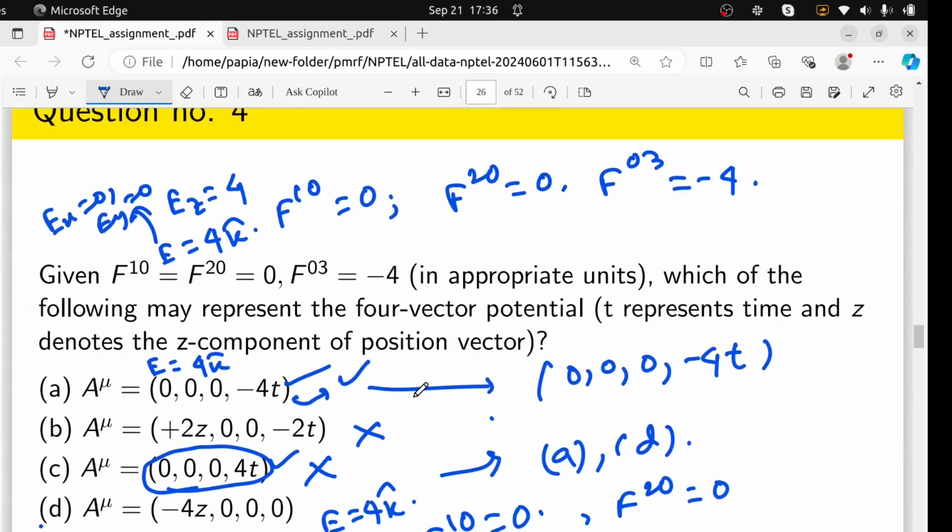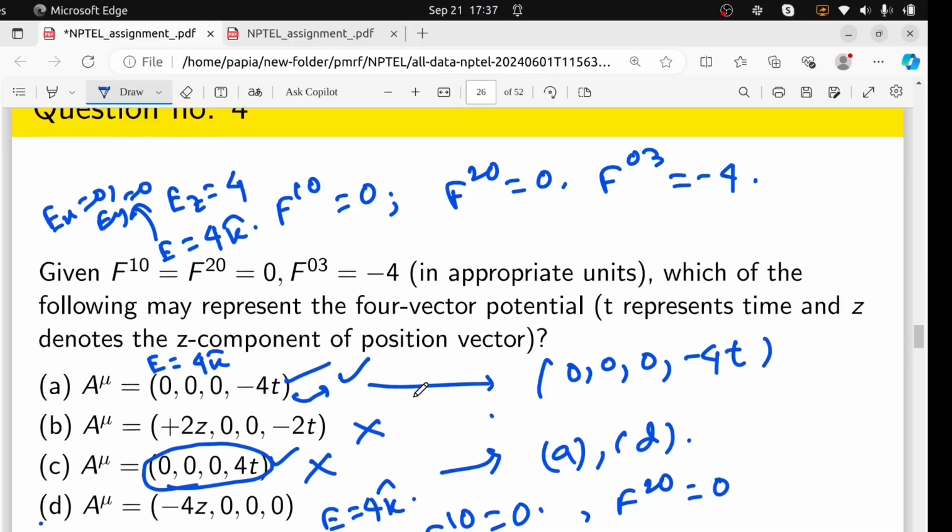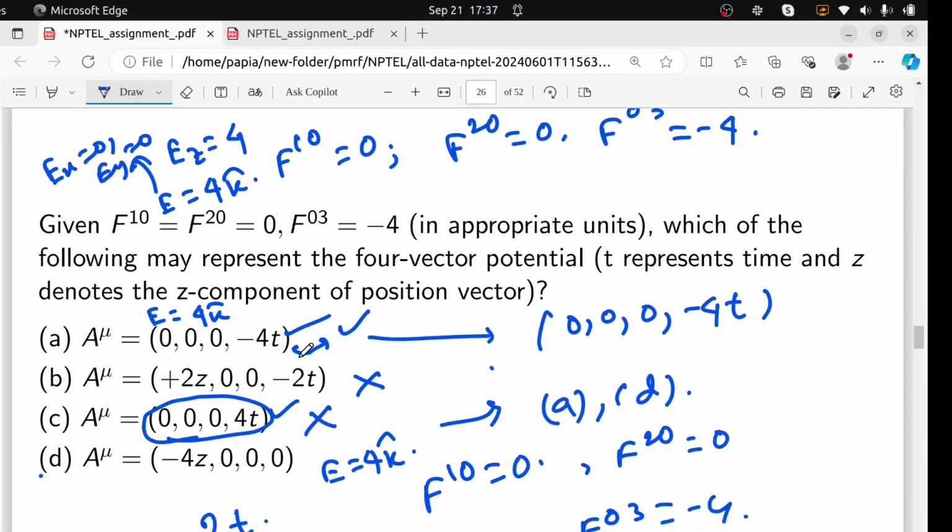Then question number 4 has a term mentioned, and from that you have to tell which is the correct 4-vector potential option. We got that the correct options are A and D. Both satisfy the components F10 equals 0, F20 equals 0, and F03 equals minus 4.